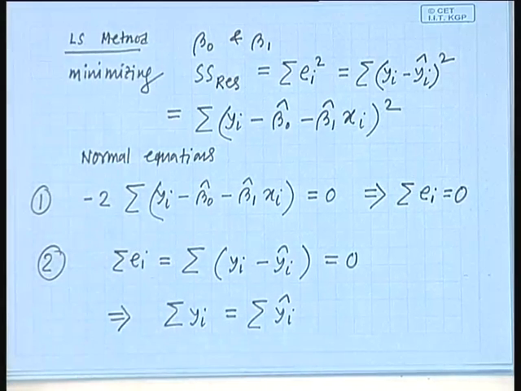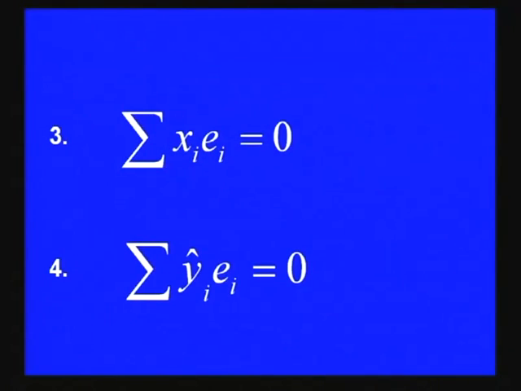Next, move to the third property. It says that summation xi ei equal to 0. That means the sum of residuals ei weighted by the corresponding value of the regressor variable, xi, is equal to 0.